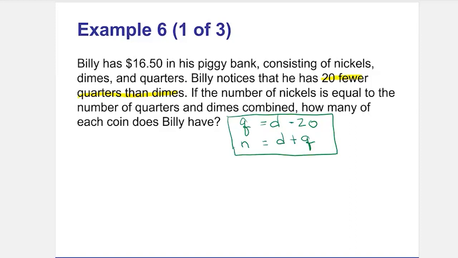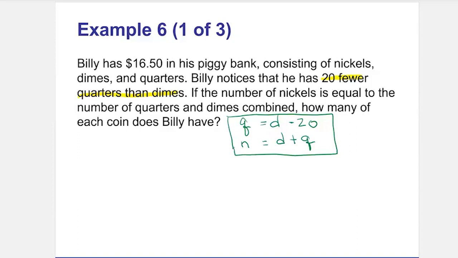So let me see if I can explain this so you understand. If you have a nickel and 2 dimes, you have 5 cents plus 2 times 10 cents, right? Or 25 cents. So when I want to know how much money I have, I multiply the number of that item, like nickels, times 5 cents, right?